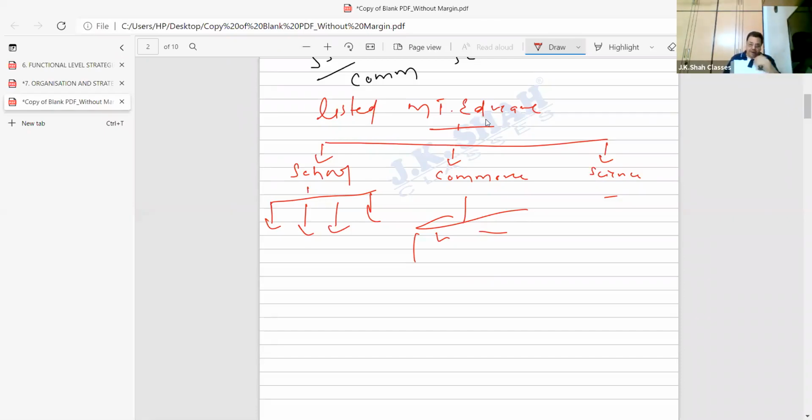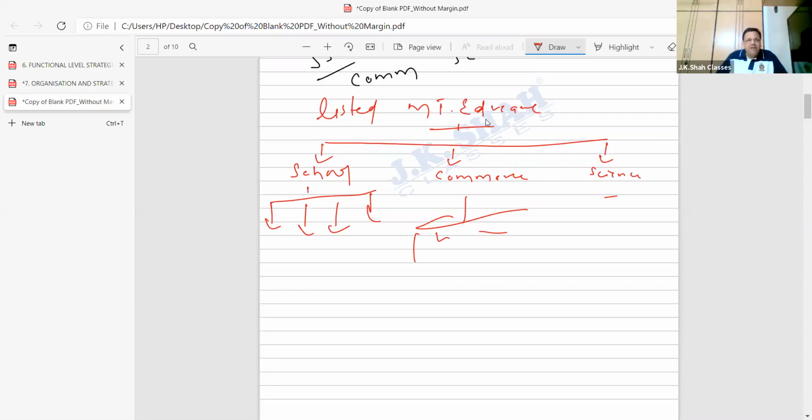Sir says, my students of 10th standard may go to some other coaching classes and the other classes get the business. So why not me? So he started commerce and science divisions. That means the business is expanded. He's trying to grab the opportunity to make profit.